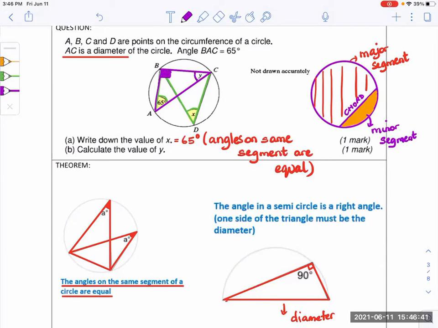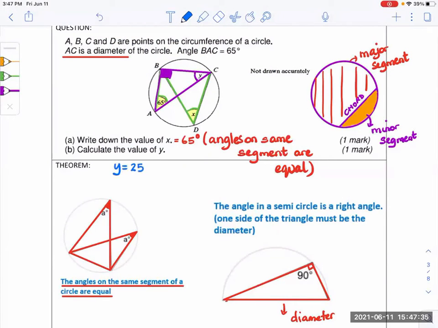Give the others a few minutes, right? What is the measure of angle Y? 25 degrees.